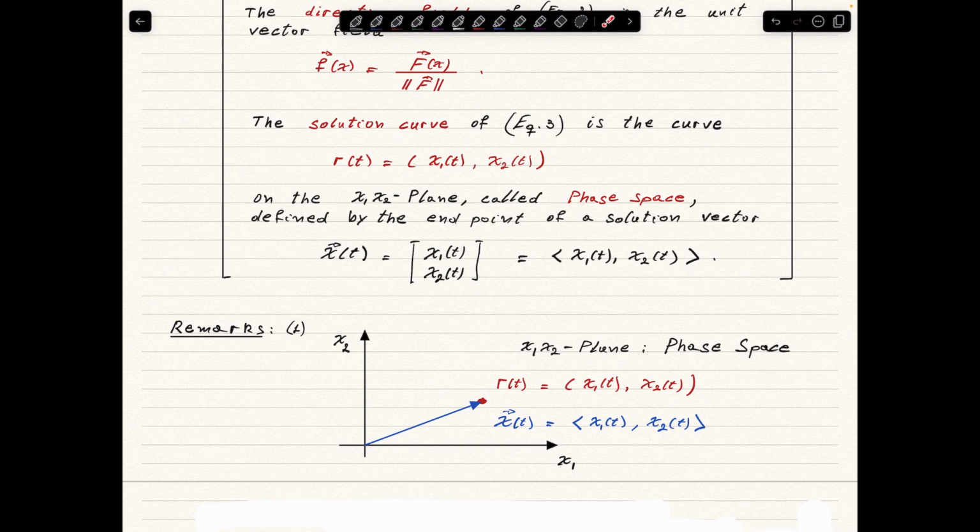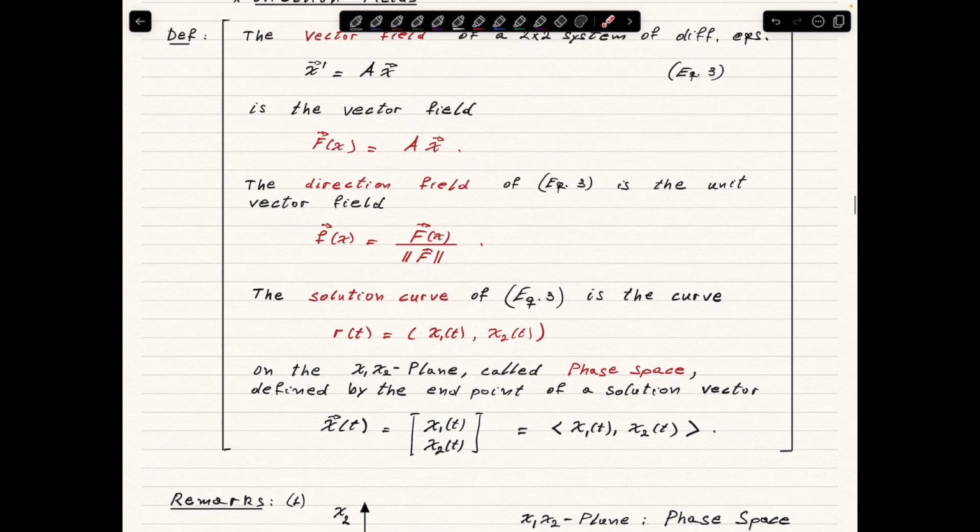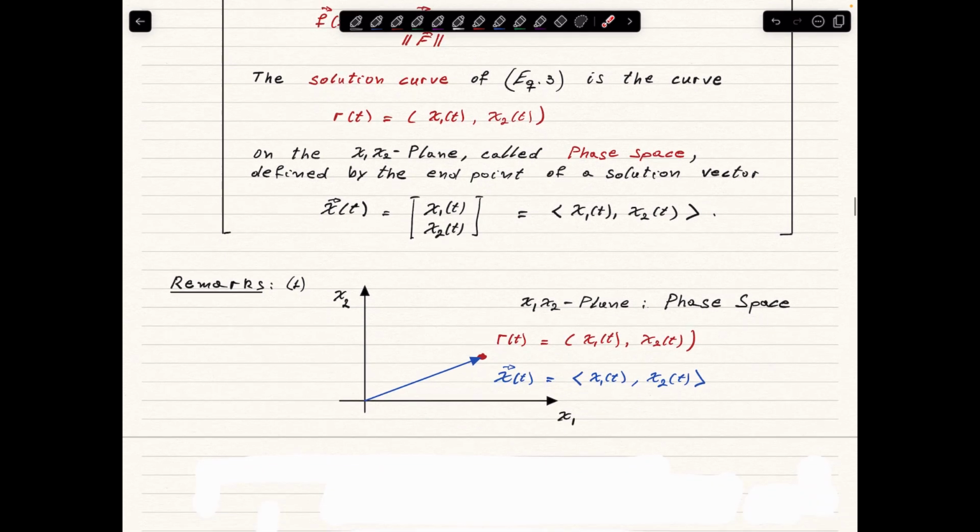Suppose we have a solution vector with components x1, x2, solution of the original differential equation. Suppose at a particular value of time, this is the solution vector. This is how we are going to denote the solution vector, or we can also use the column notation x1 of t that we have been using up to now, a column vector, or a vector with brackets.